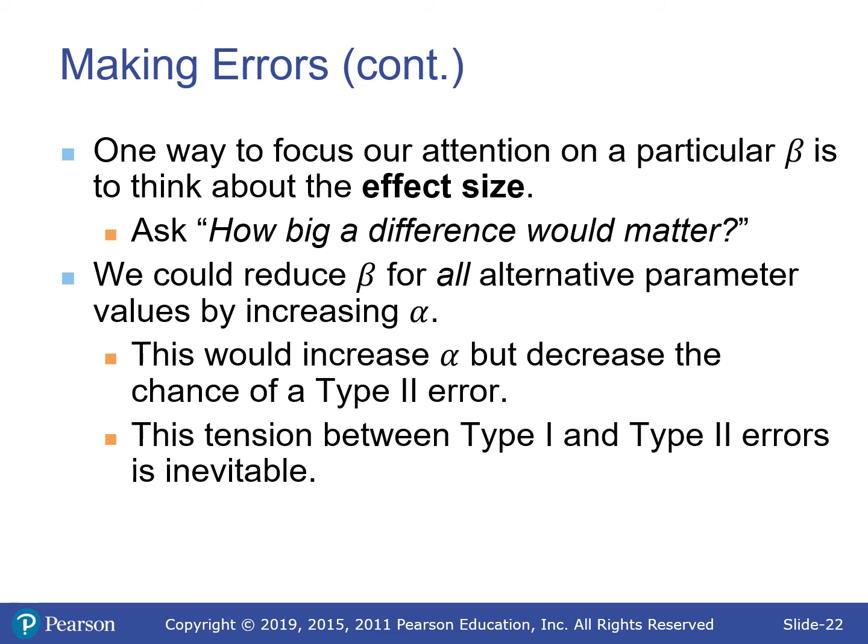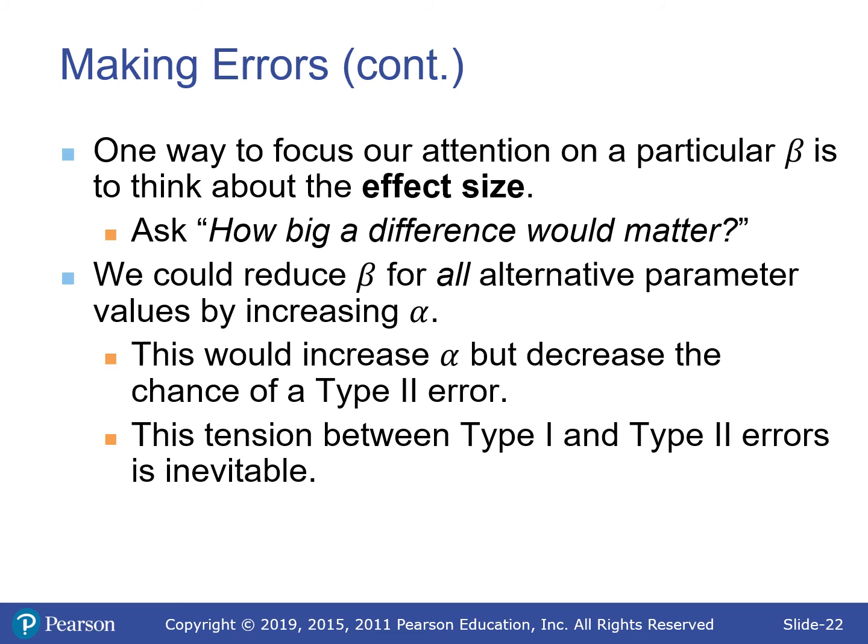What other value do we want to use? How big of a difference would actually make a difference? So if we're at 20% and we think a 5% difference, so 25%, would be significant enough, we could use that to find the beta and to find the power of the test for that value.